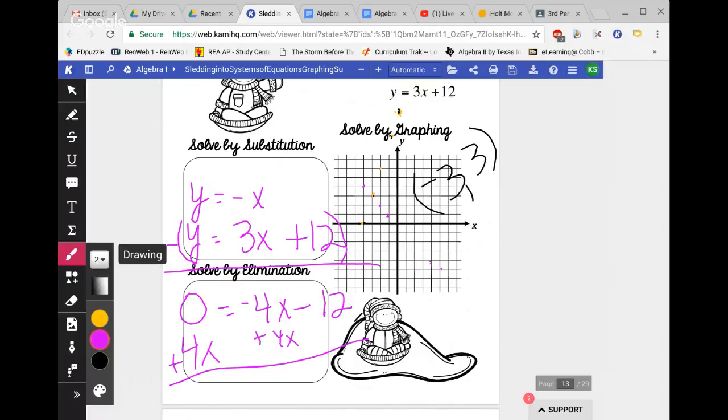That's why I said this is really good to help with simple mistakes, and you caught it. That's awesome. 4x equals -12. And now divide both sides by 4. And that gives you x equals -3. And then you can do the same substitution thing that we did before. Good catch on that.